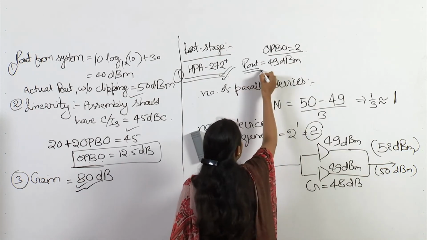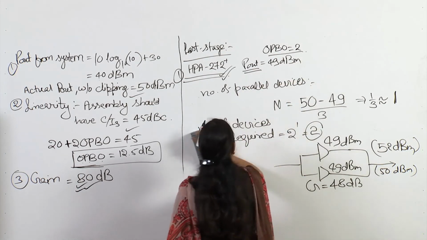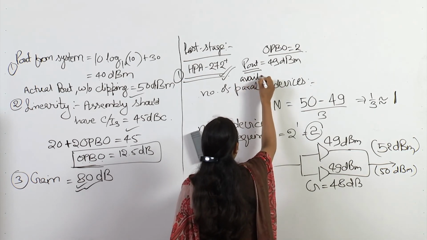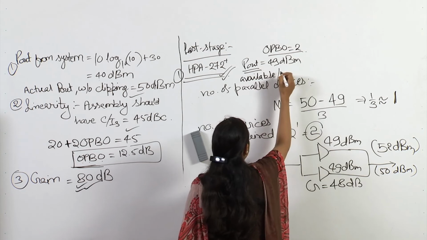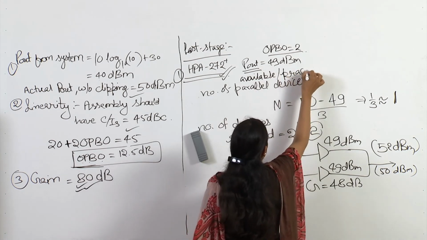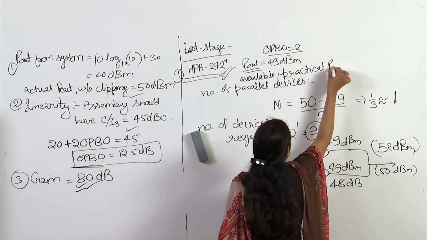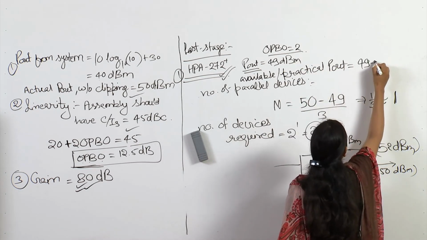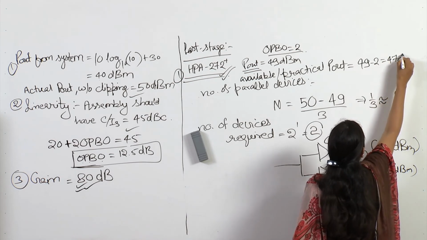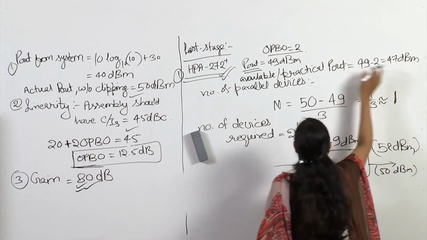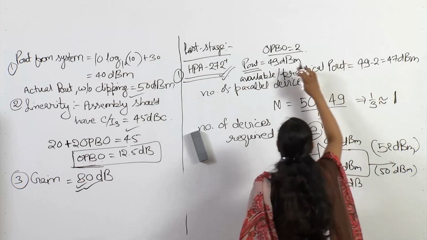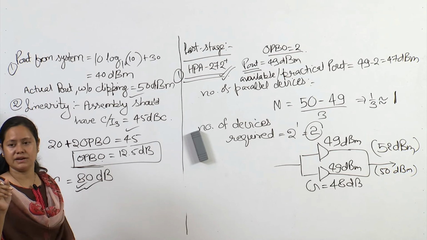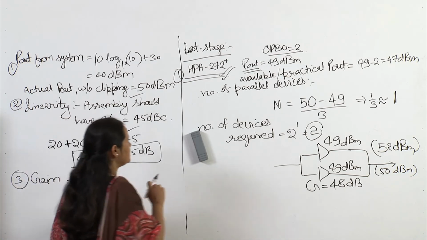P out from the device is 49 dBm, but the available or useful or practical P out from the device which we can take is actually 49 minus 2, which is 47 dBm. Okay, so we have 47 dBm instead of 49 dBm because we are driving at an output power back off of 2 dB, and it is a given condition in the question here.